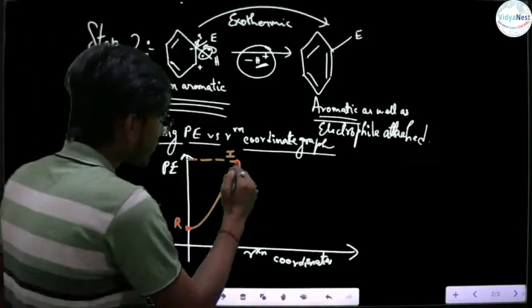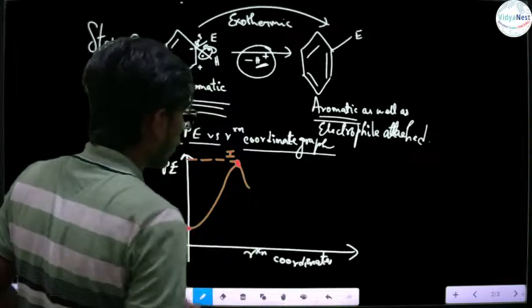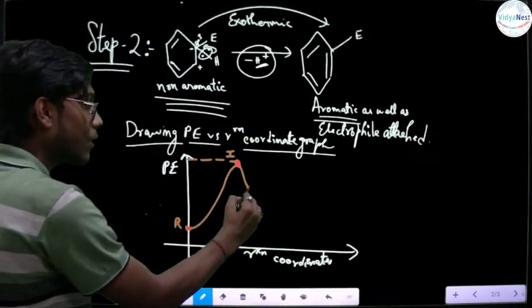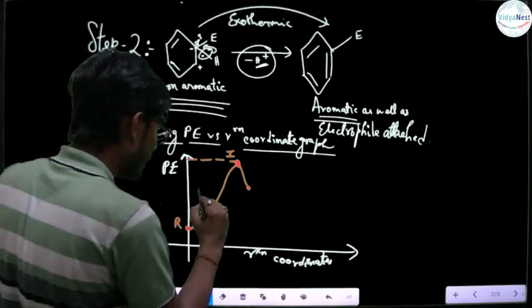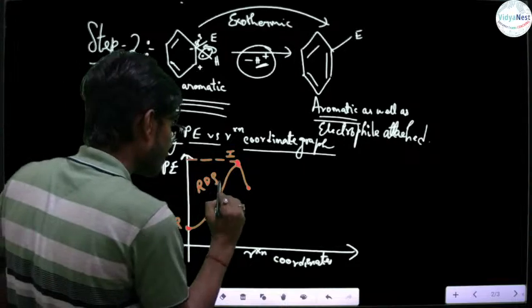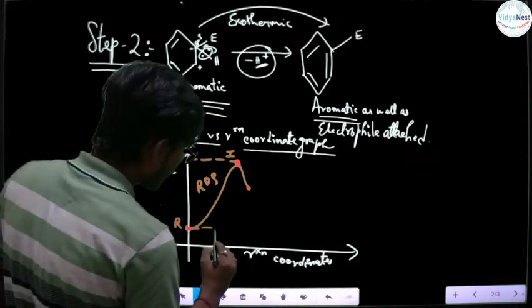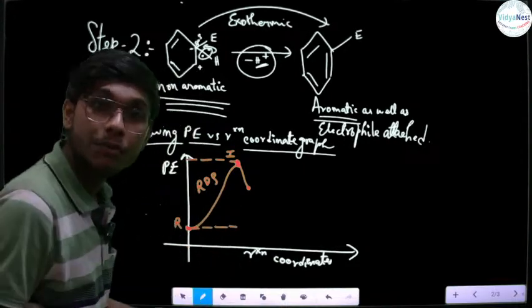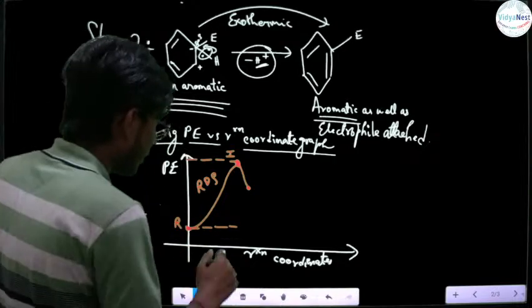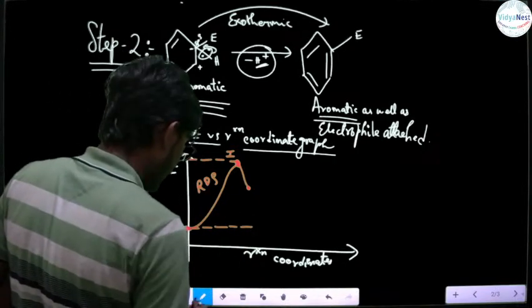However, when this is formed, this particular step is our first step, and this is called the rate determining step of this reaction. Also, this step requires the highest amount of energy that needs to be delivered from our side. This energy can be calculated by calculating this particular part.